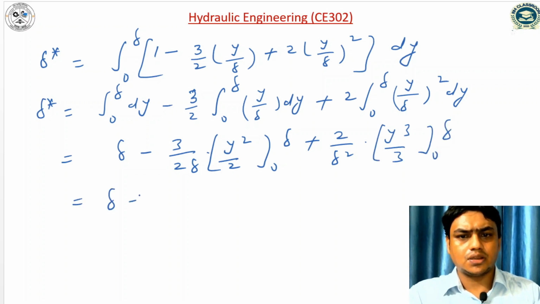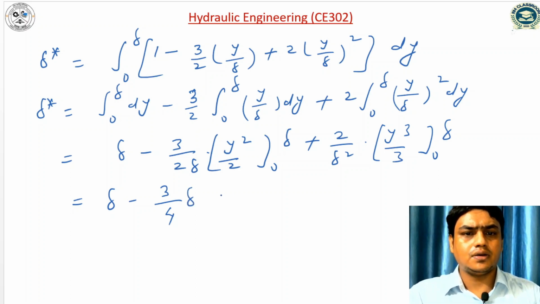So it is coming 3 by 2 minus 3 by 4 delta square by delta, means delta, plus 2 by 3, this is delta cube by delta square, so delta.